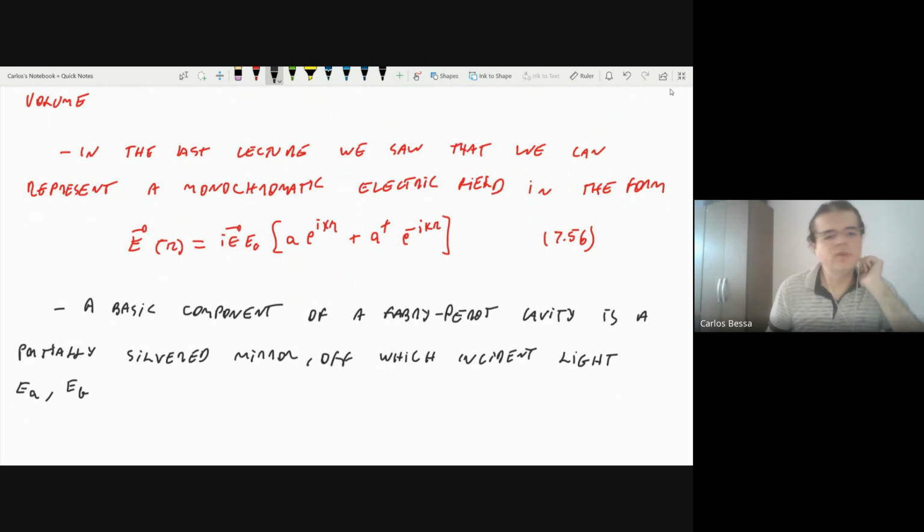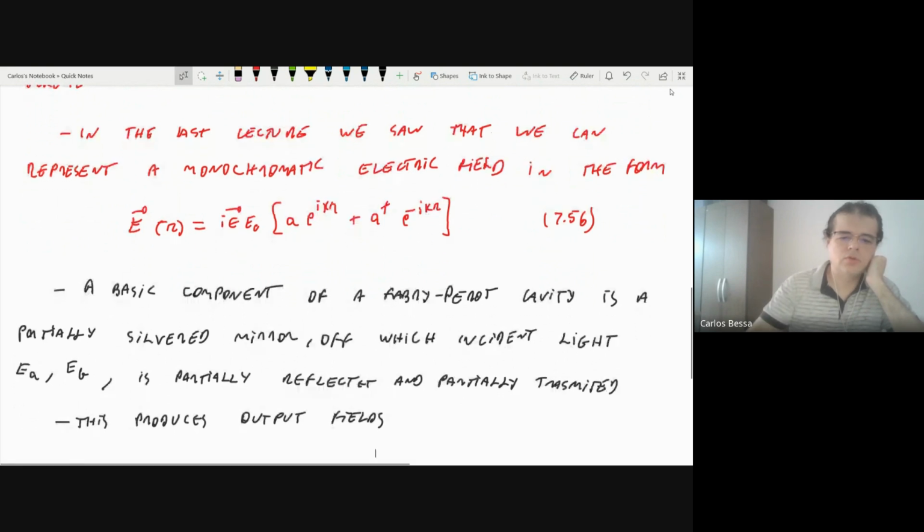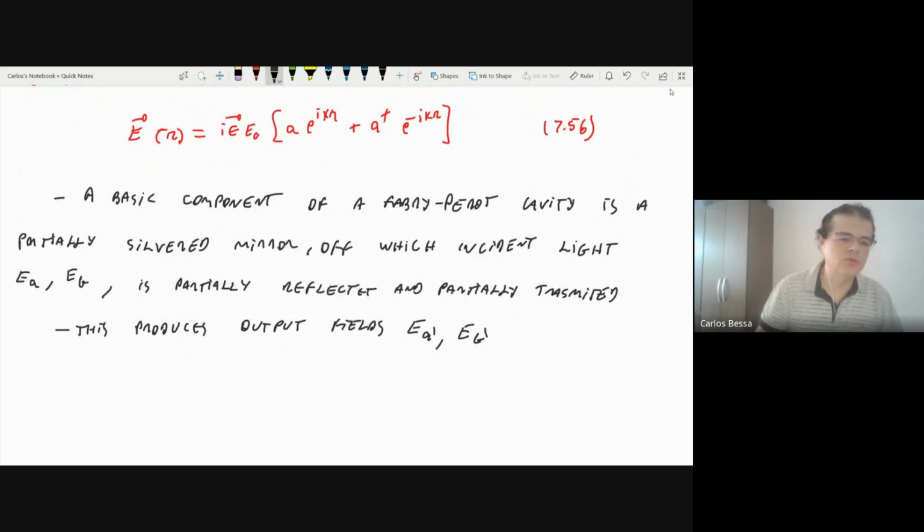So the basic component of the Fabry-Perot cavity is a partially silvered mirror on which incident light, E_A or E_B, is partially reflected and partially transmitted. This produces output fields that Nielsen calls E_A prime and E_B prime. And you can find a relation between them.